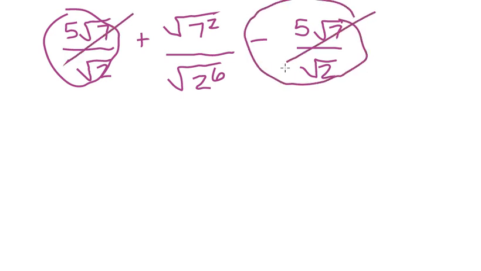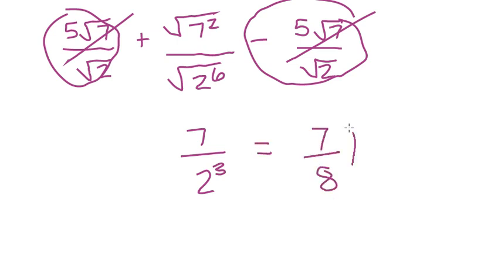So those pieces cancel out. And we have the square root of 7 squared, so that's 7. And then we have the square root of 2 to the 6th. Well, that is 2 to the 3rd. So we actually end up with 7 over 8, which is a fraction. And so a fraction is the definition of a rational number, so there is your rational solution.